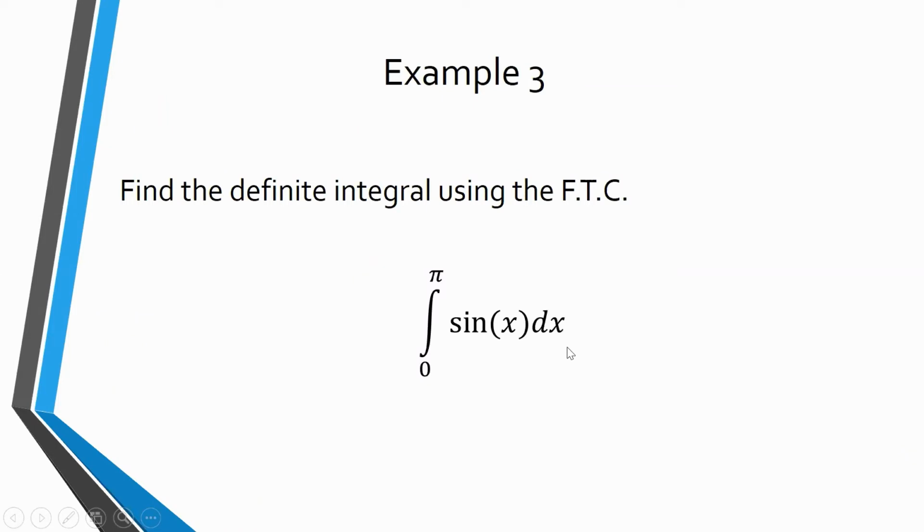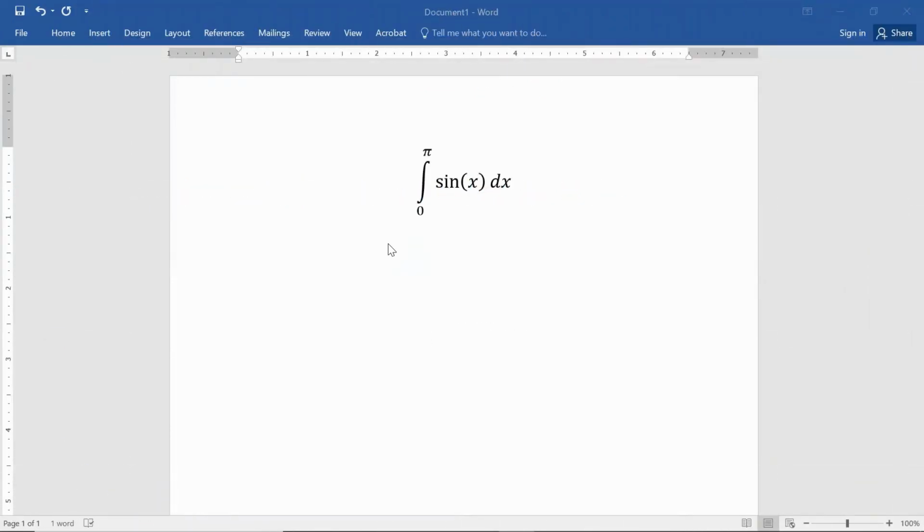Let's do another example. Find the definite integral using the fundamental theorem of calculus. We're going to integrate sine of x from 0 to pi. I believe I've mentioned this before, but I will restate this.